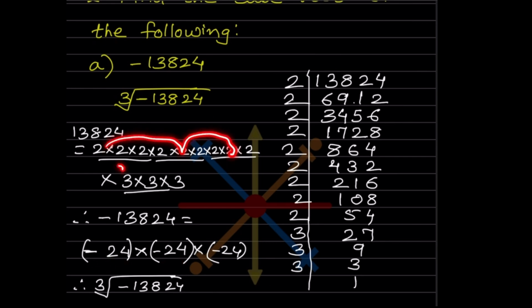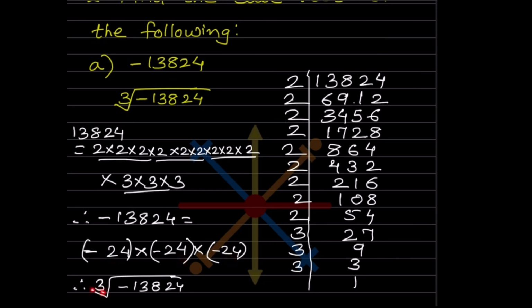So this is the first one. So again this will be the second. Here we'll take 2, 2, 2, and this 3. So that is going to be 24. Again from here 2, 2, 2, and this 3. So again 24. Again here the same. So minus 24 into minus 24 into minus 24.